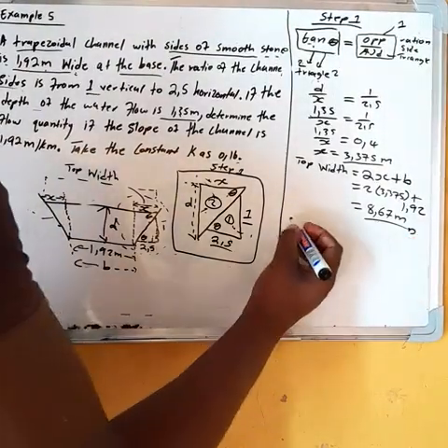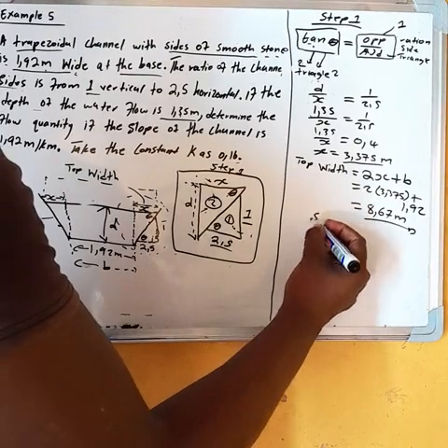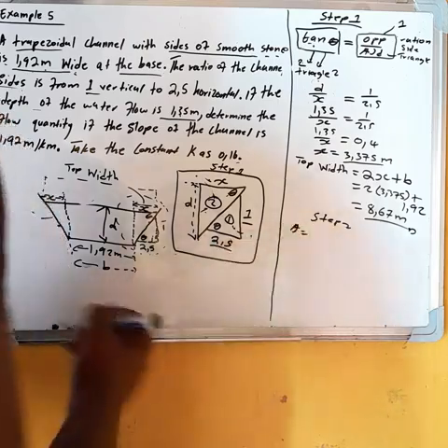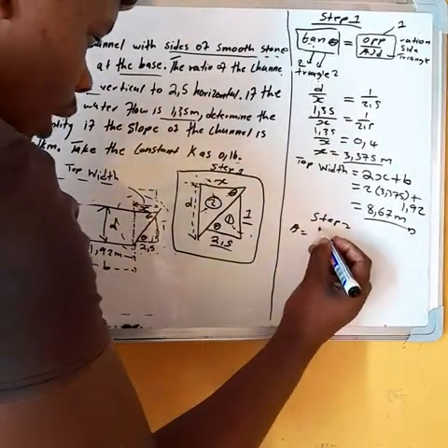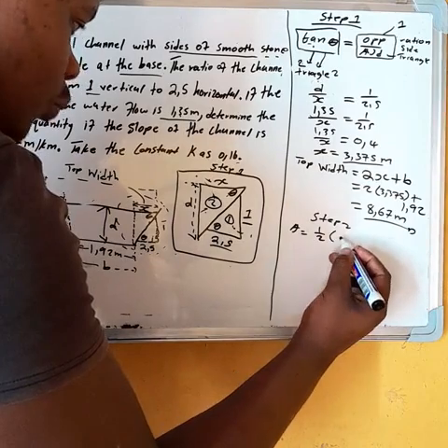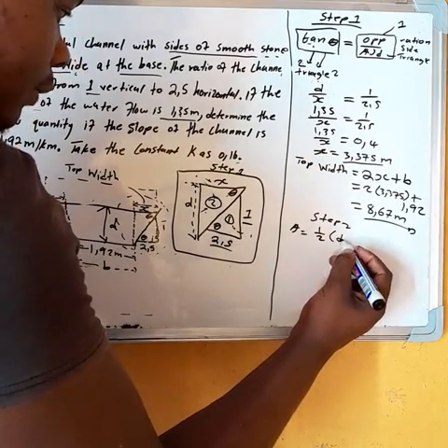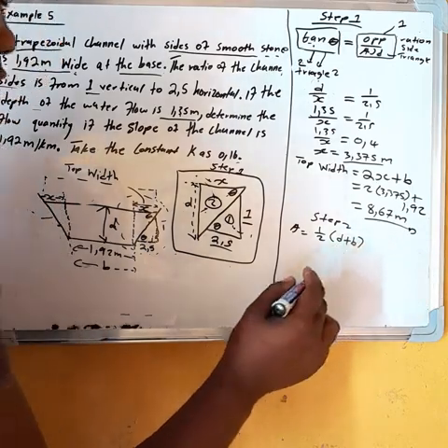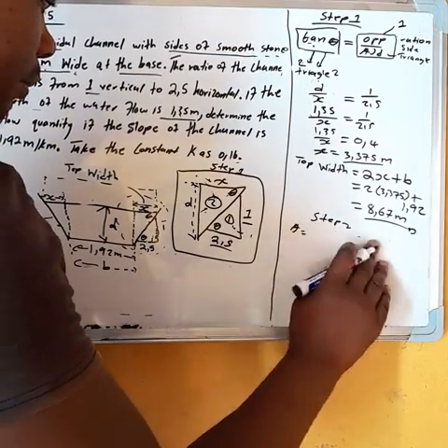Now we are done. Step 2. We found an area. The area of the trapezoid is 1/2 into depth plus base. No, I'm making a mistake. It's not the depth.